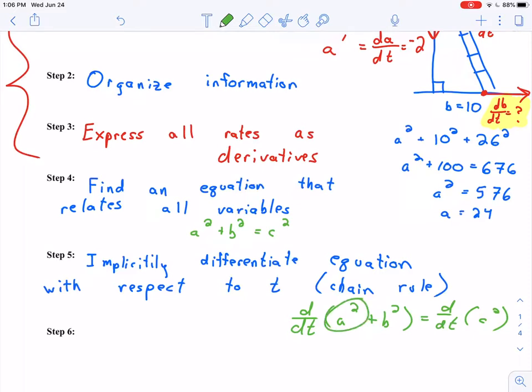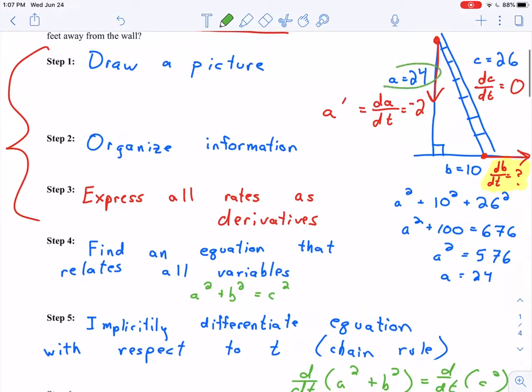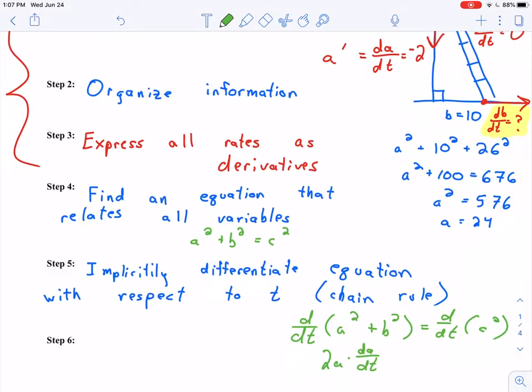So the derivative of a squared would be 2a times, for my chain rule, I need to multiply by the derivative of a with respect to t. So dA over dt, because this side a is changing over time. So 2a times dA over dt plus 2b times dB over dt.